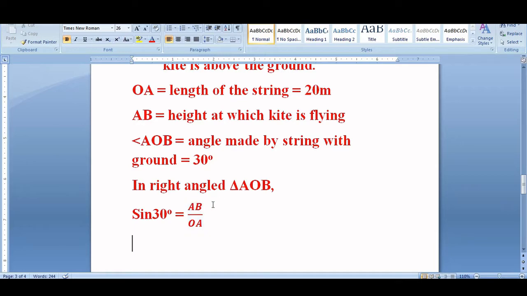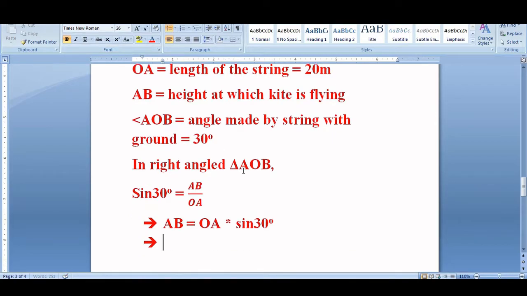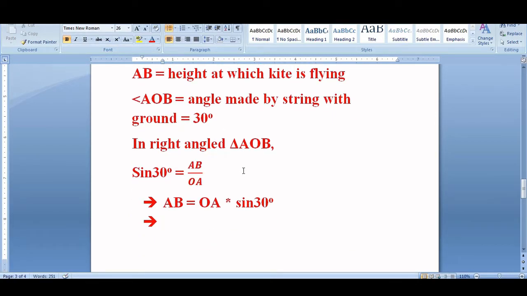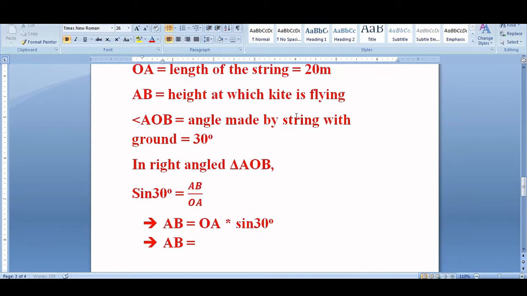Now what do we have to find? We have to find AB. So AB is how much? It's OA multiplied by sine 30 degrees. How much is OA?